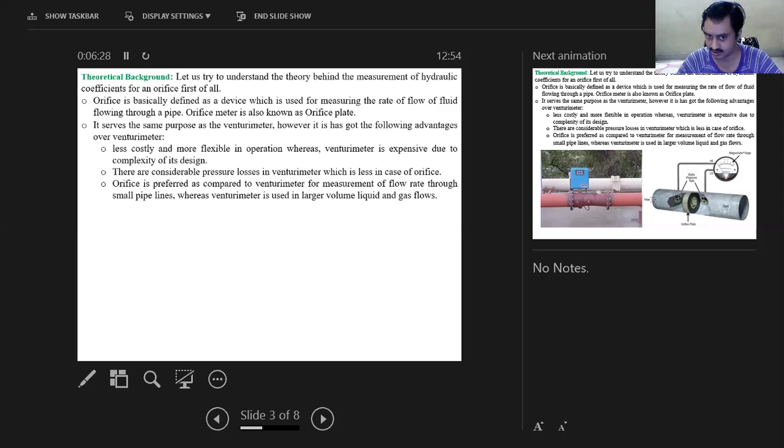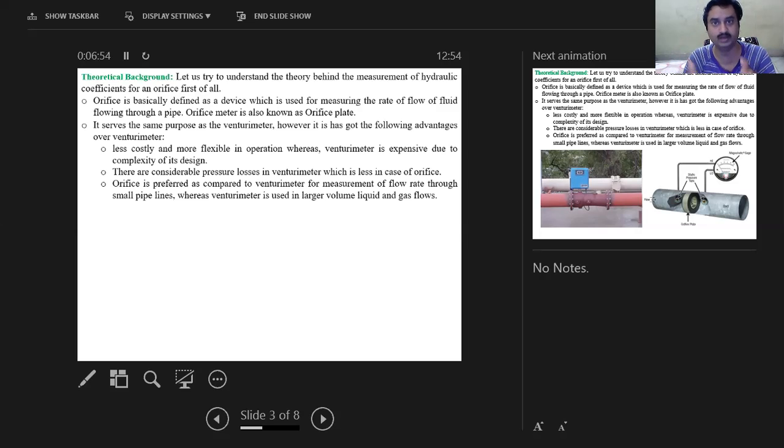First thing, it is less costly and more flexible in operation, whereas a venturimeter is costly because of its complicated and complex design. As you know, a venturimeter has a converging section, a throat, and a diverging section. So this complexity in design makes it costly. The second point is that a venturimeter is expected to have more losses as compared to an orifice.